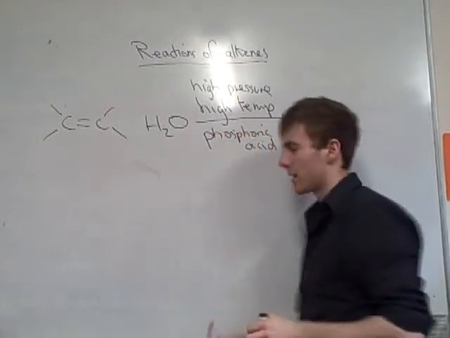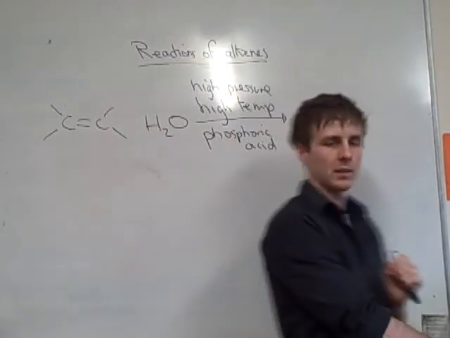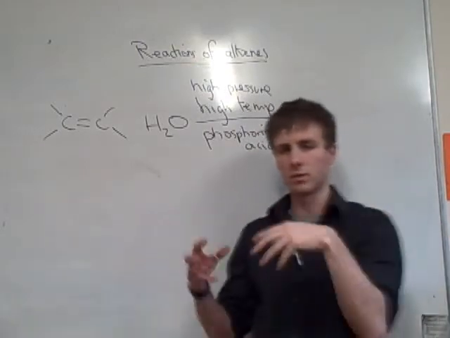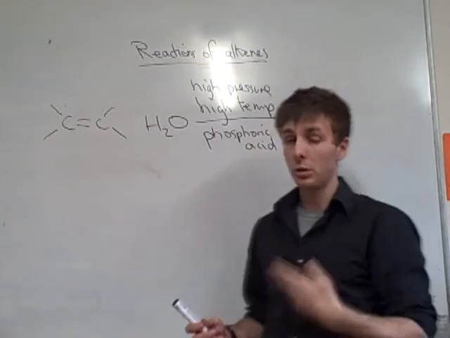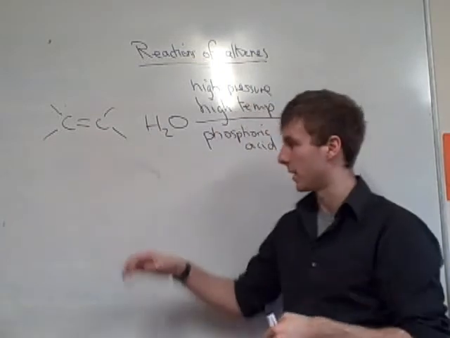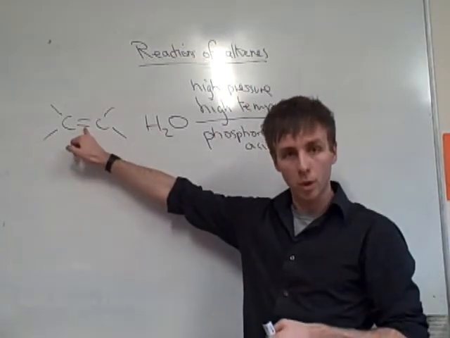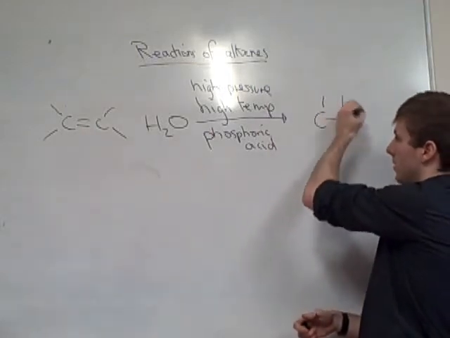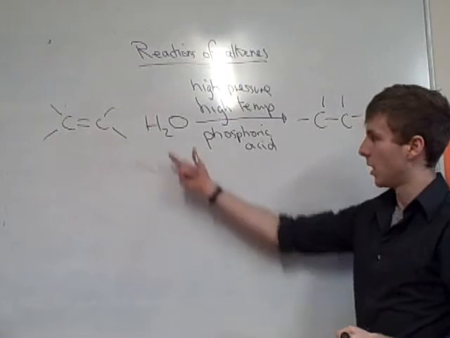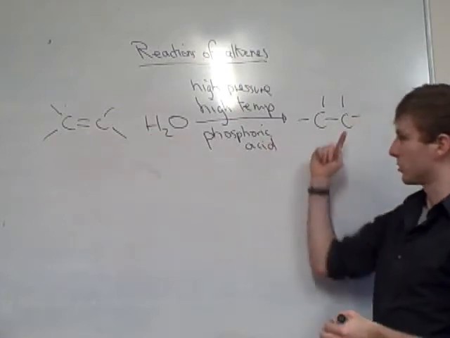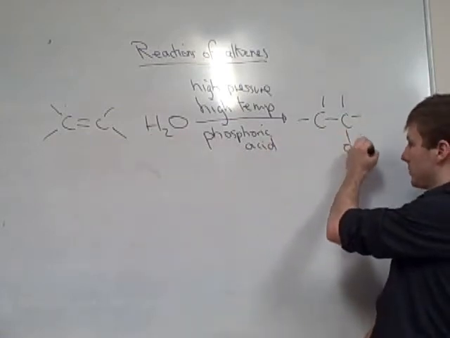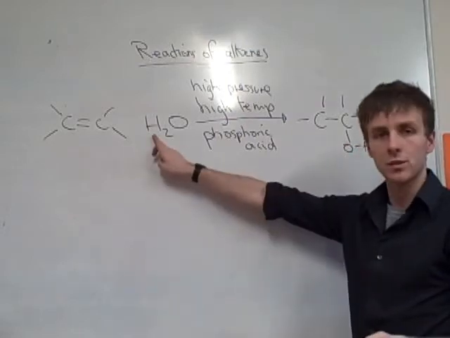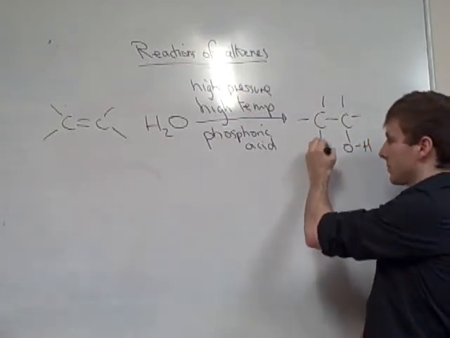Now, the way this reaction works is super complicated because it involves bonding to the catalyst. But if I was to simplify it, you could explain it like this. The double bond gets broken, so I'm left with that molecule. An OH from here bonds to one carbon, and the other H bonds to the other carbon.